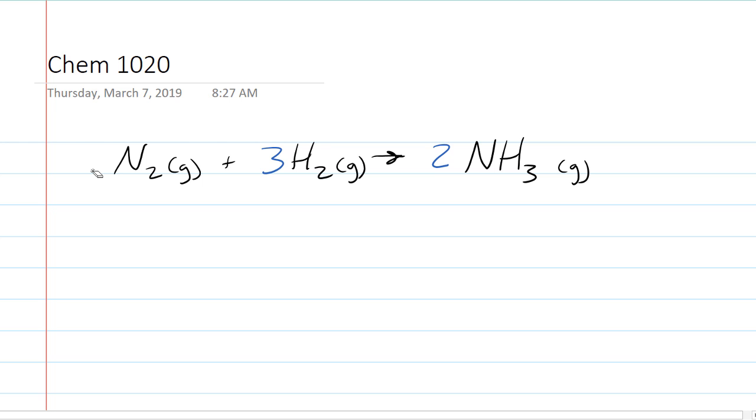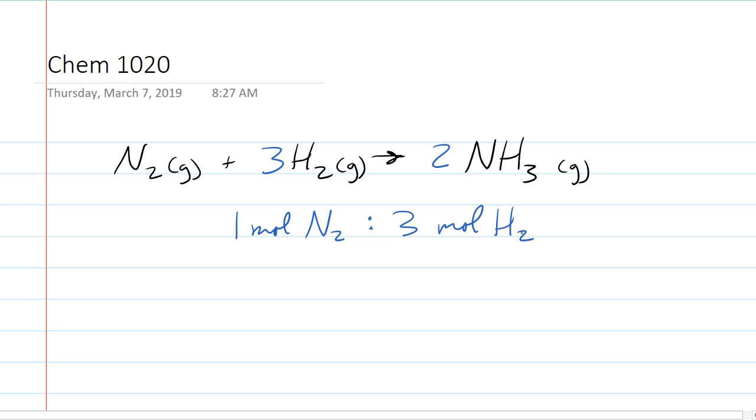Now, if we were to look at this equation, there's a number of different molar ratios we can wind up with. For example, if I'd asked what is the molar ratio between hydrogen and nitrogen, we would say 1 mole of nitrogen for every 3 moles of hydrogen.